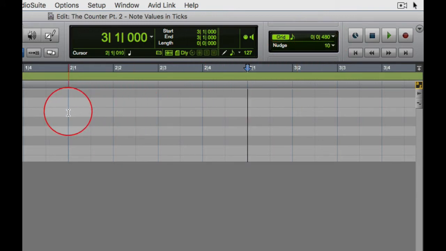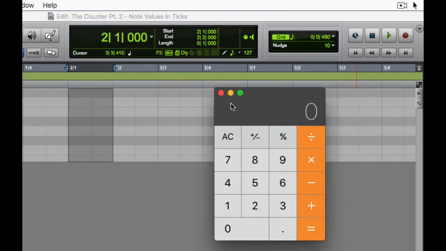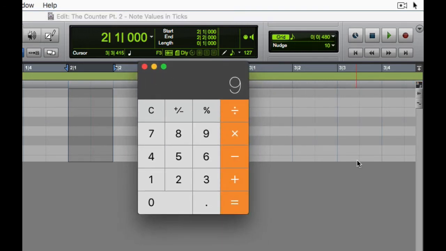That means between here and here, there are 480 ticks. Remember, each quarter note, full quarter note, or full beat was worth 960 ticks. There are 2 8th notes in every quarter note. So if I get out my calculator and do 960 divided by 2, I get 480. So each 8th note is going to be worth 480 ticks.